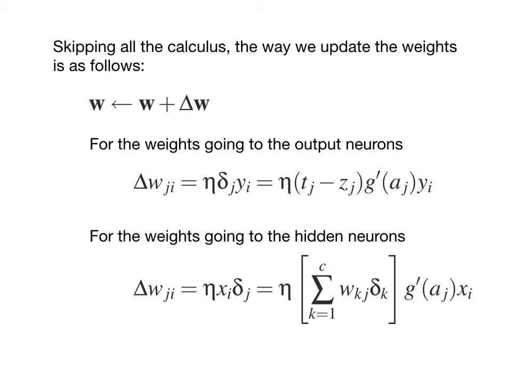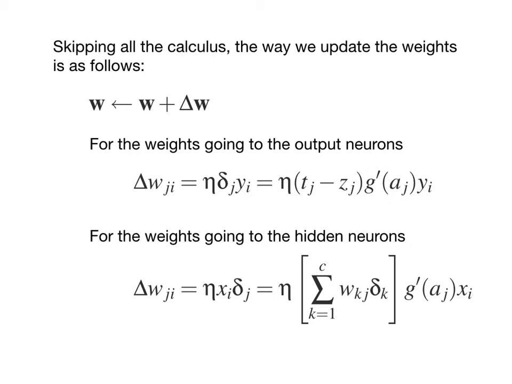And then for the weights going into the hidden neurons, the change in weight for the weight going from neuron i to neuron j is again eta times x_i times the sensitivity of neuron j.